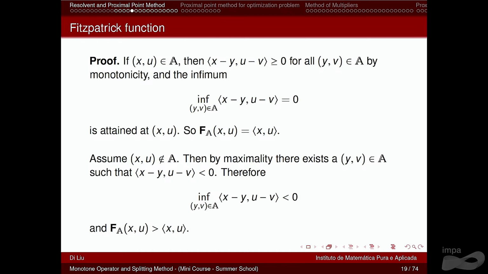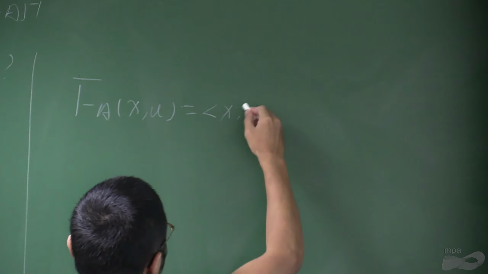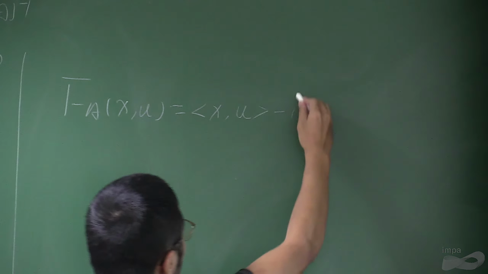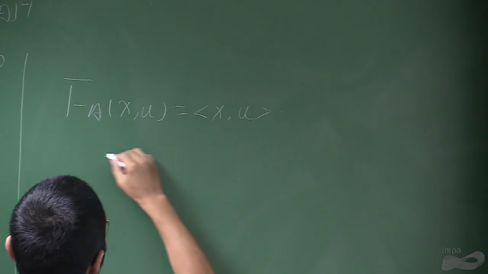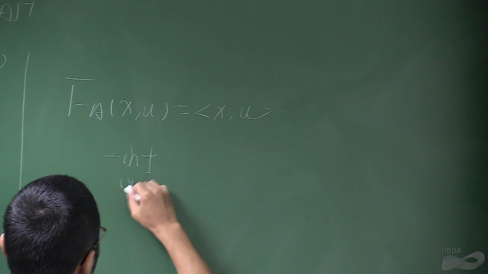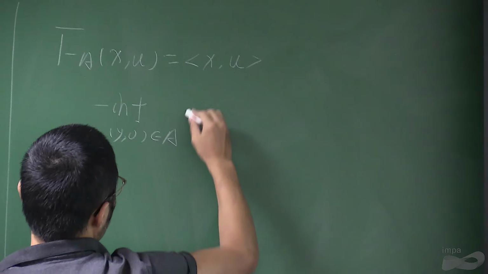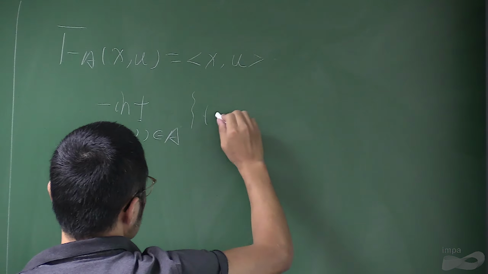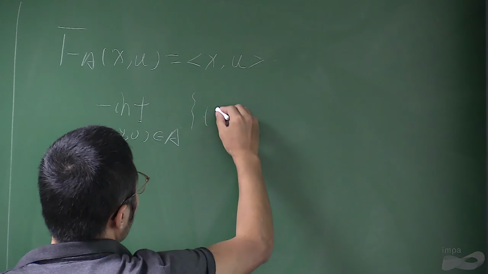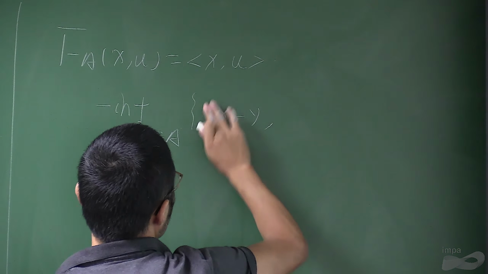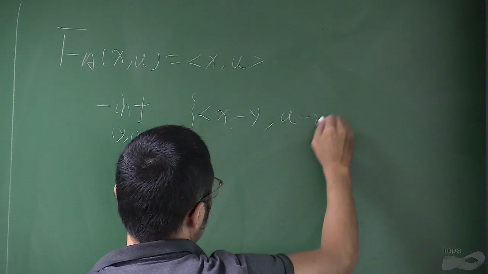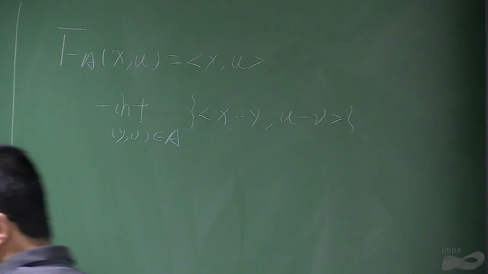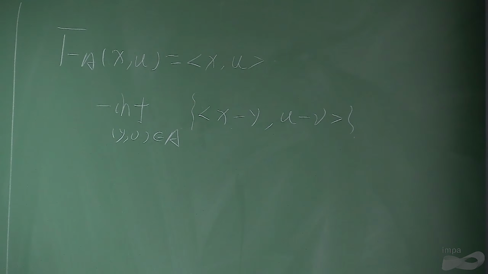I write the definition of F_A here: F_A(x,u) equals the inner product of (x,u) minus the inf over (y,v) belonging to A of the inner product of (x minus y) and (u minus v). This is the definition of this Fitzpatrick function.